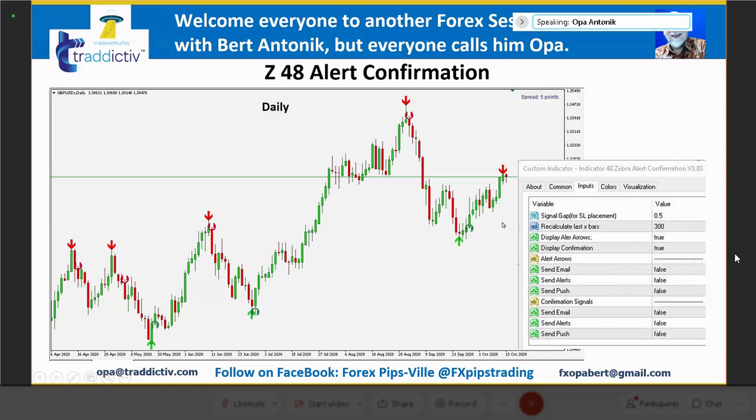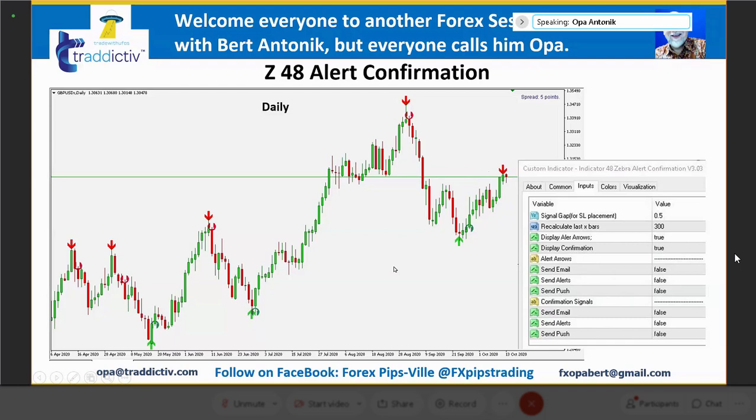Okay, so you can see here at the time of this screenshot yesterday, we had an alert on the GBPUSD telling me it was possibly going to move down, but no confirmation. So there was a potential trade on that yesterday. We have to see how this period closes.